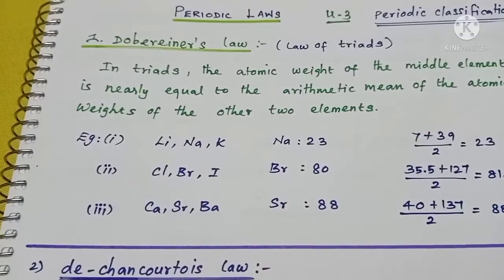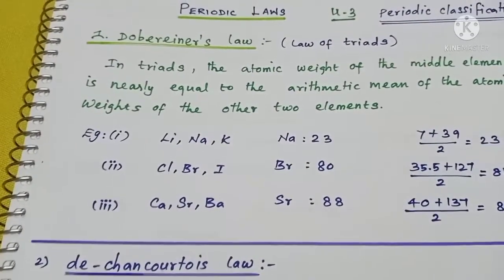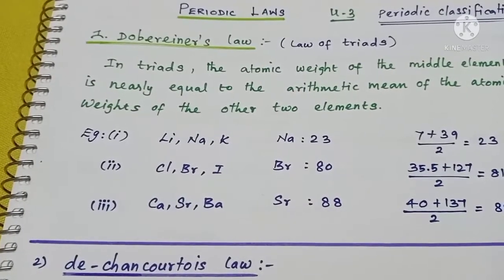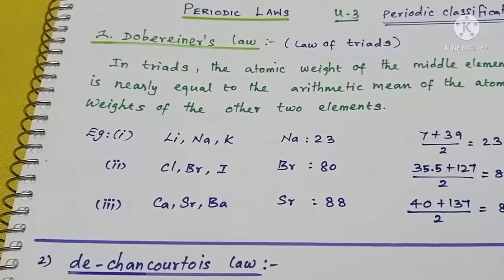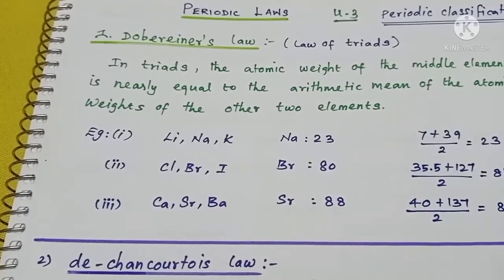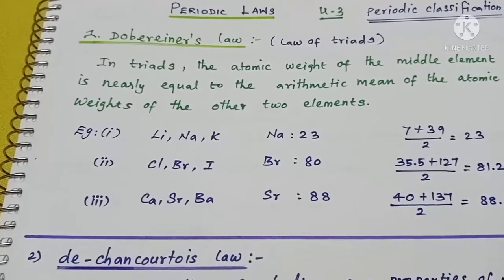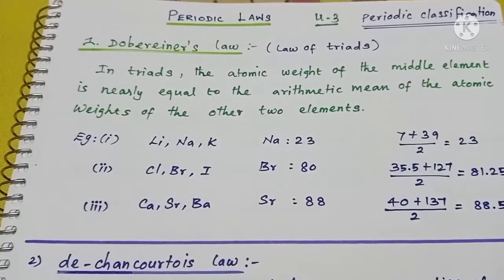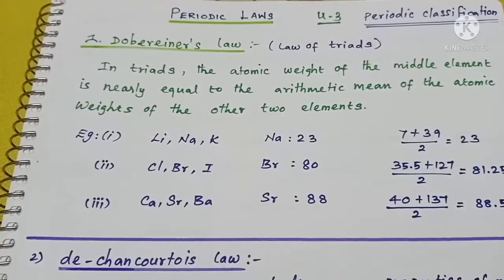The atomic mass of the middle element bromine is about 80, which is the average of the atomic weights of the first and third elements, chlorine and iodine. Chlorine's atomic weight is about 35.5 and iodine's is about 127. The average of these two atomic weights is about 81.25. So approximately we are getting the atomic weight of bromine around 80, isn't it?